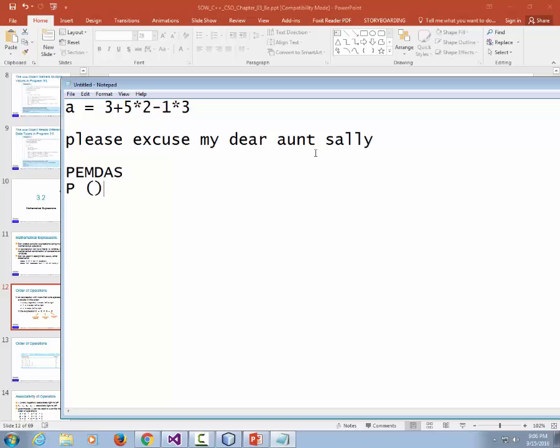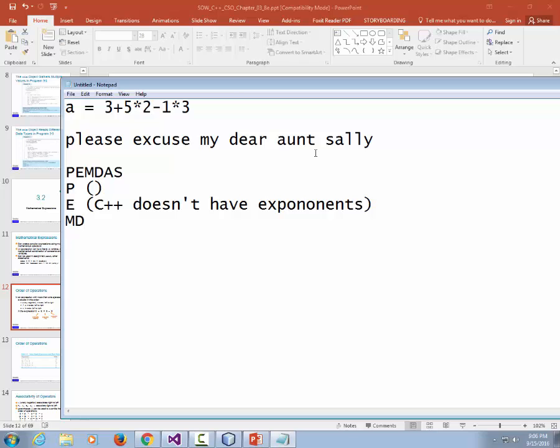Okay, so PEMDAS. P meaning parentheses. E meaning exponents. I do not believe that there's an exponent symbol in this language. In some languages it's that, in some languages it's that. This language doesn't have an exponent, so we would just put exponents. C++ doesn't have exponents.